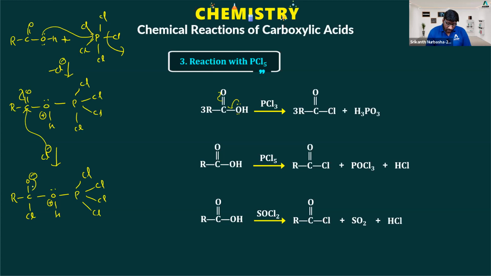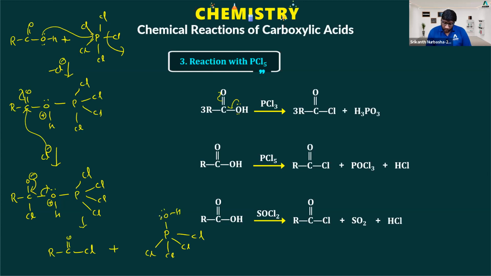The negative charge on oxygen comes into this carbon-oxygen bond, which is going to be cleaved because it will lead to the formation of a phosphorus-oxygen bond. So that will ultimately form what? RC double bond Cl plus phosphorus OH bond with phosphorus connected to 4 chlorines.